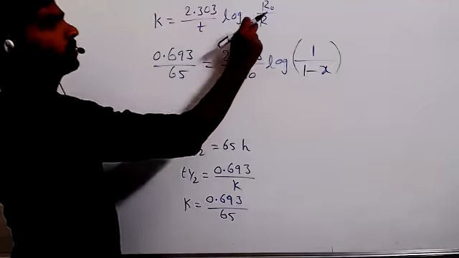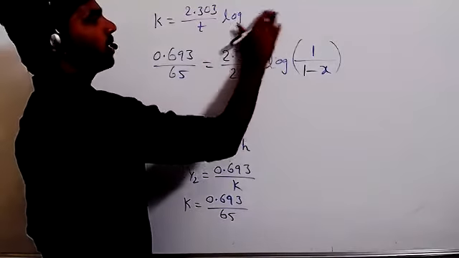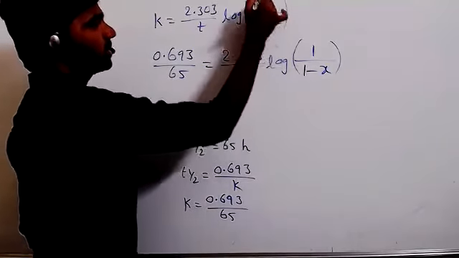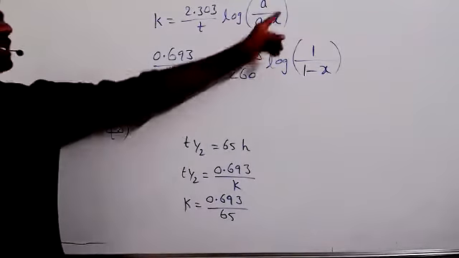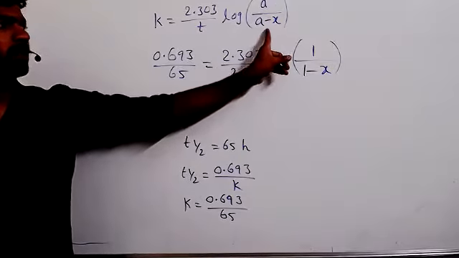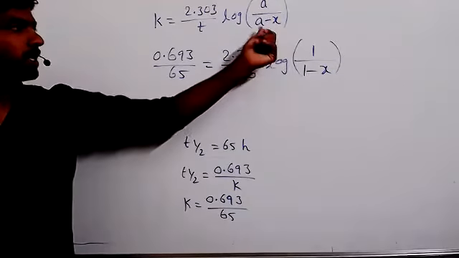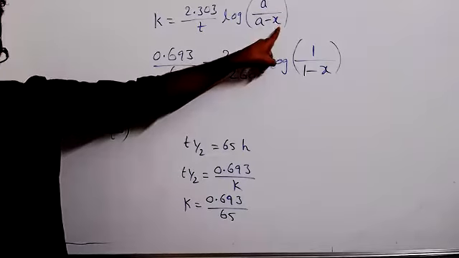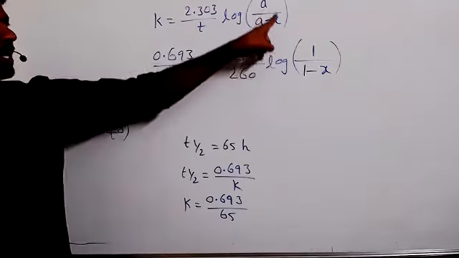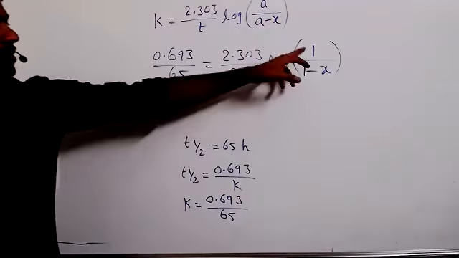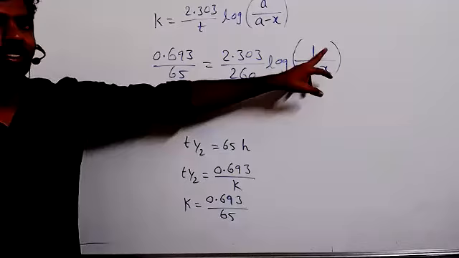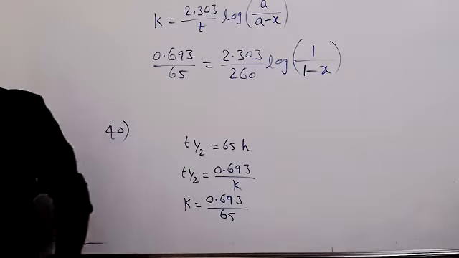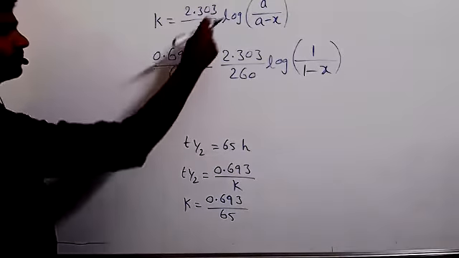In this formula, sometimes instead of R naught by R, we may write initial concentration A by A minus x, where A is the initial concentration of reactant, A minus x is the final concentration of reactant, and x refers to the amount of product formed. So we may use this also. So 1 by 1 minus x, where 1 is the concentration of gold, 1 gram. Now we have to calculate x.